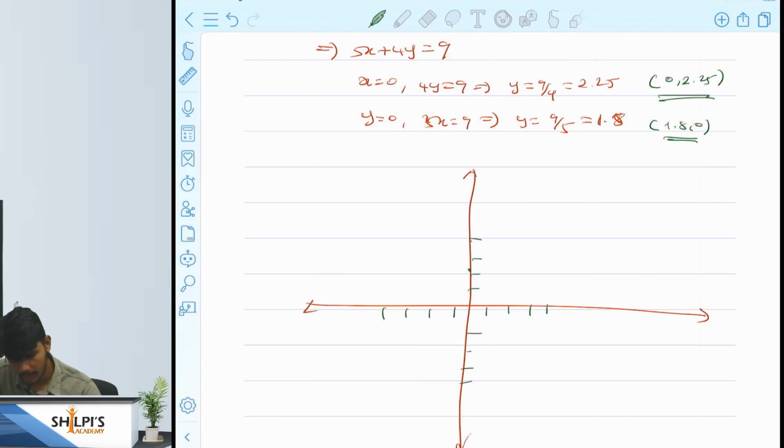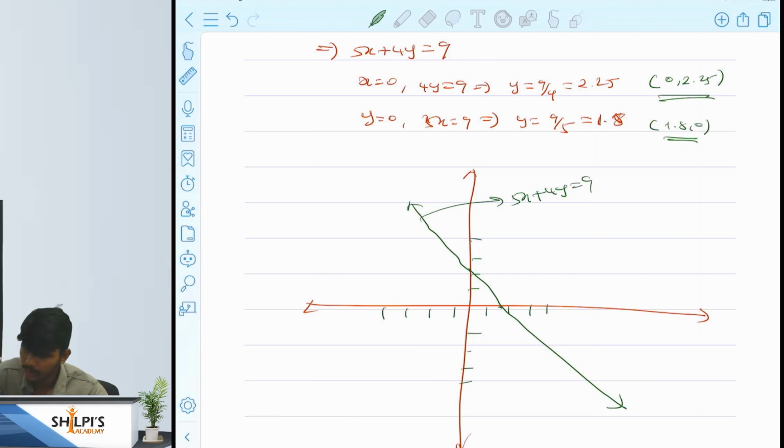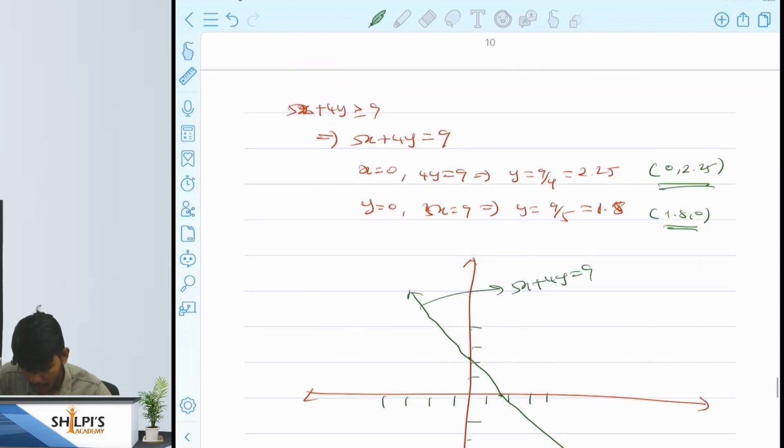Similarly, 1.8 comma 0 will be somewhere here, between 1 and 2 and almost near 2. If I connect these 2 points, I will get the line for 5x plus 4y equal to 9 only, not for greater than or equal to 9.